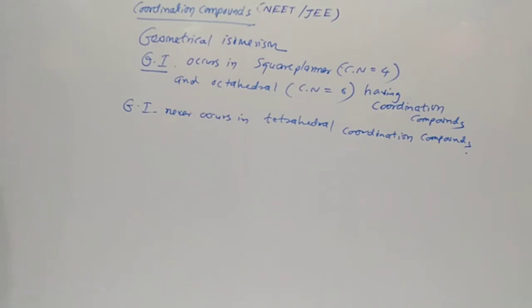So it only occurs in square planar or octahedral, not in a tetrahedral shape. Coordination number 4 means four coordinate covalent bonds, and CN 6 means coordination number 6.